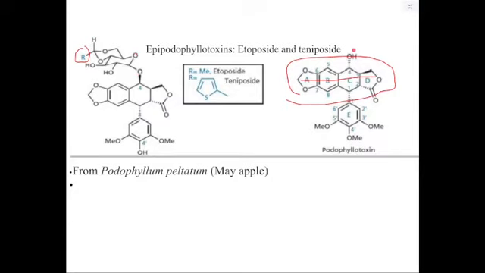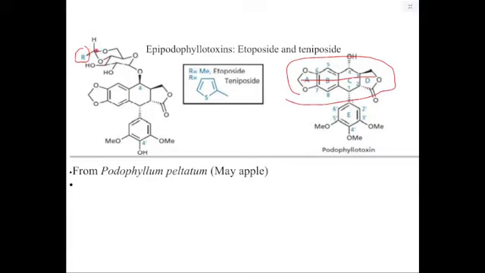A glycosidic linkage is formed here to give us both etoposide and teniposide. The difference between etoposide and teniposide is a substituent. This second one is actually not a sugar. It has 2 oxygens. This is not really a sugar, so the other one is the sugar moiety.